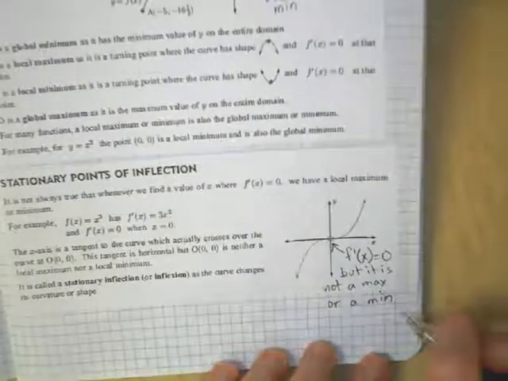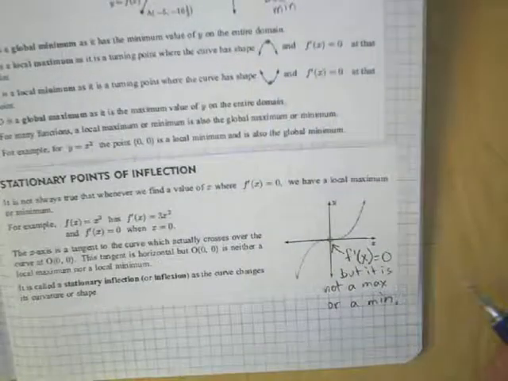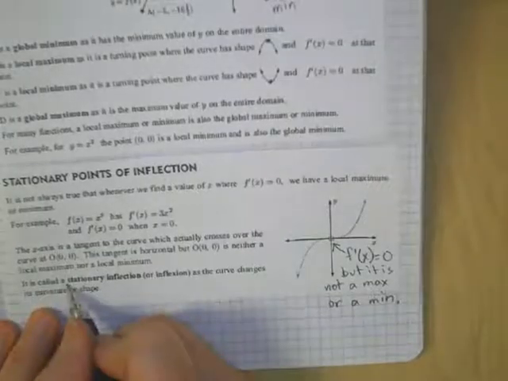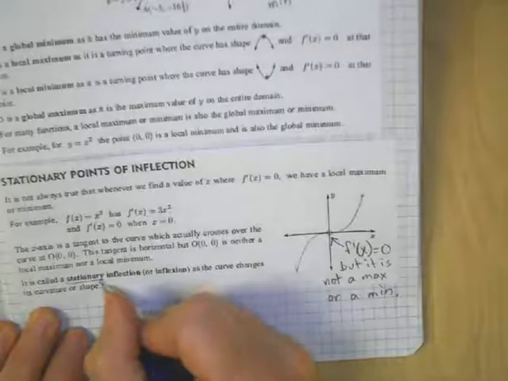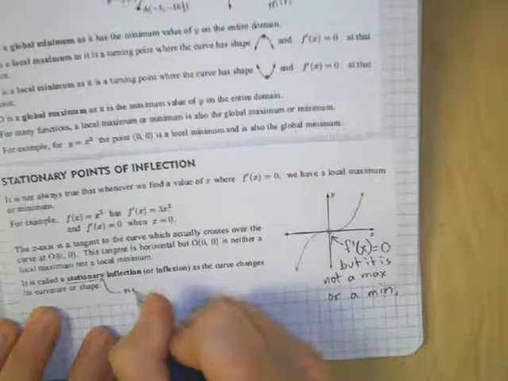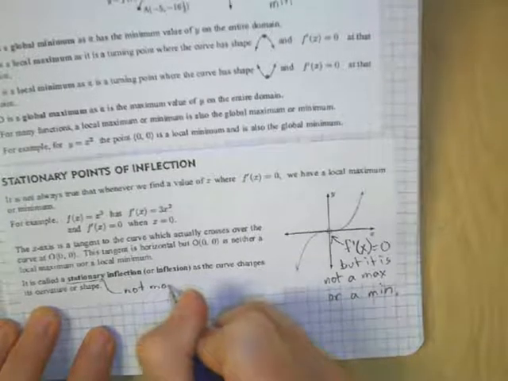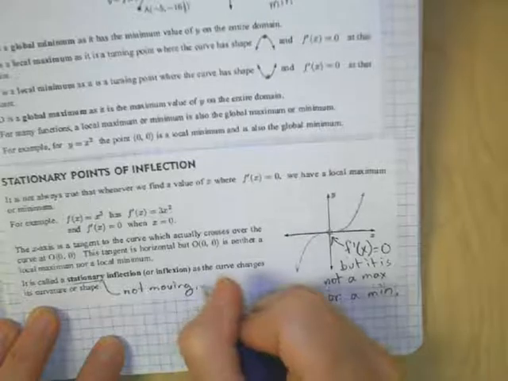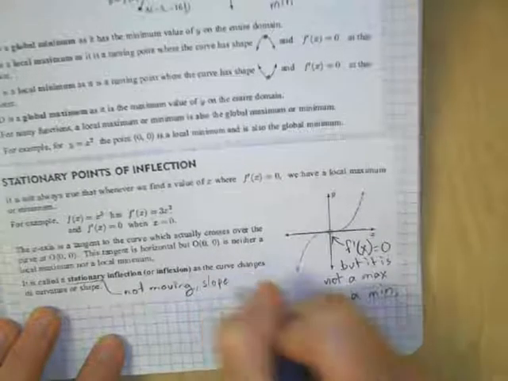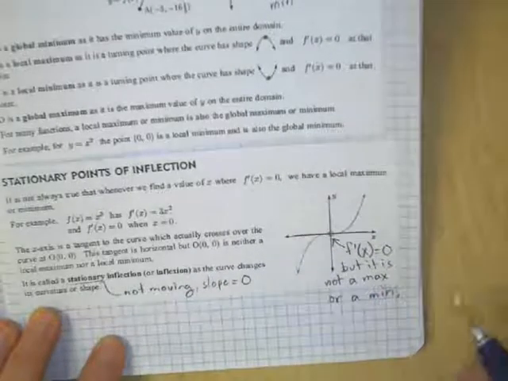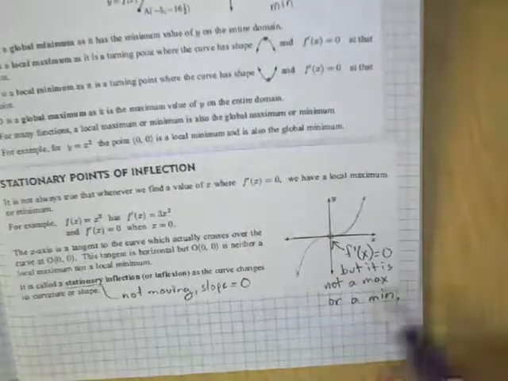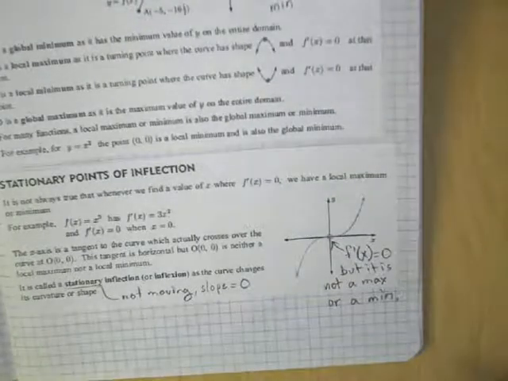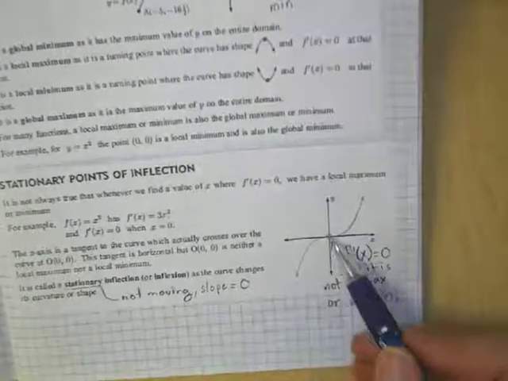Stationary means the slope is 0, okay? Stationary means it's not moving. The speed or the slope is 0. So that is a stationary inflection, and the first derivative equals 0 there.